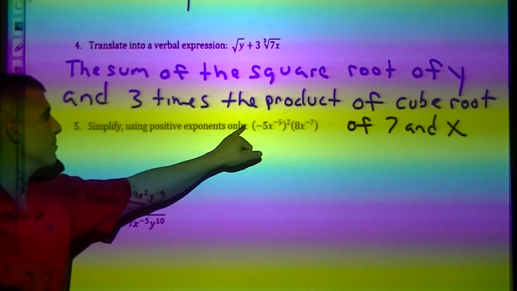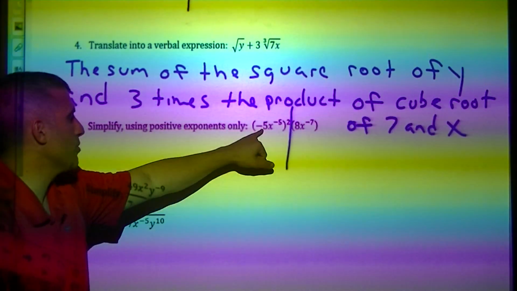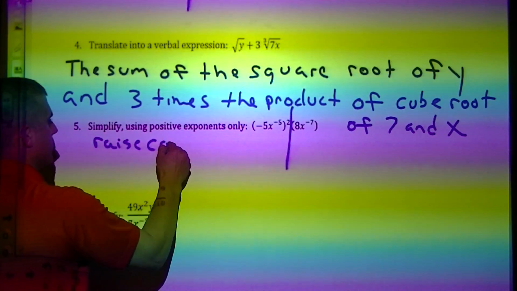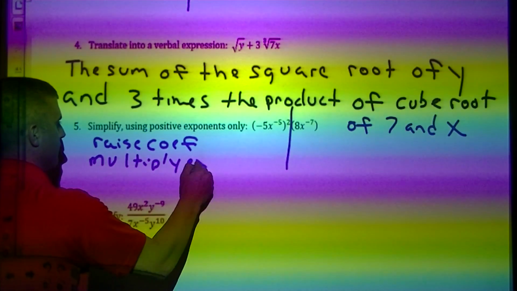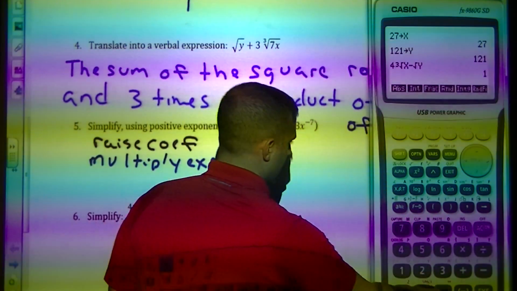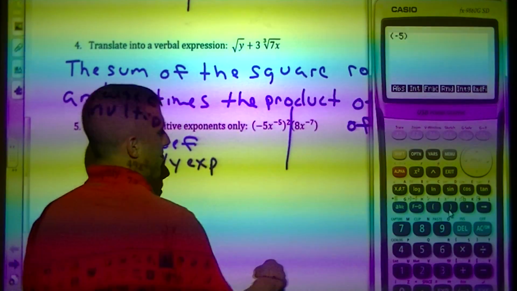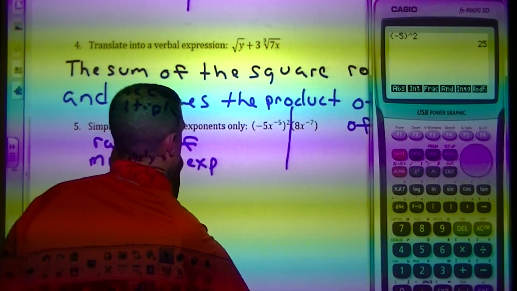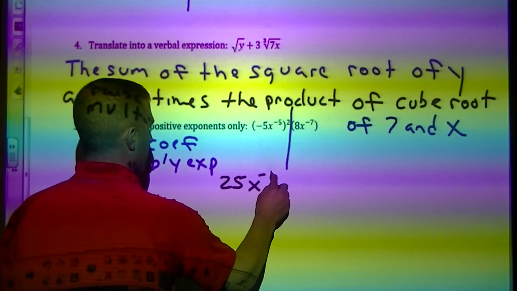Simplify using positive exponents. I should treat that problem like number 2. I'm going to raise the coefficient and multiply the exponent. Negative 5, because it has parentheses around it, raised to the second gives me 25, and negative 5 times 2 is negative 10.